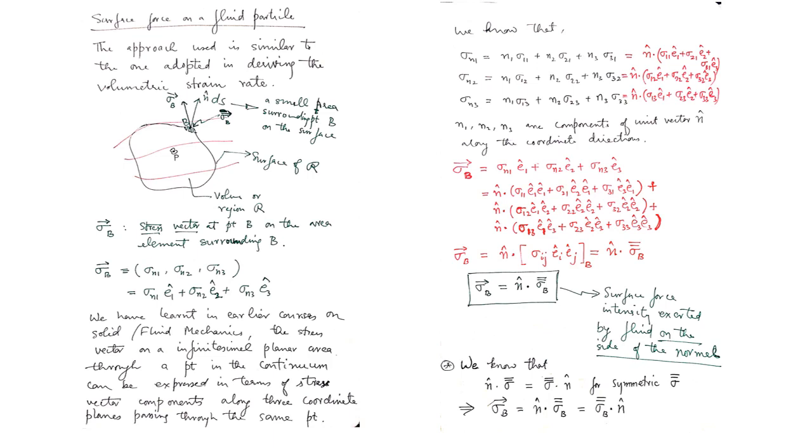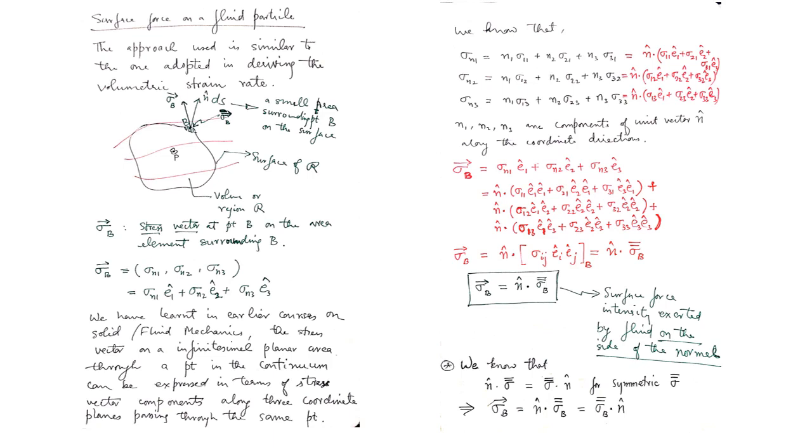So sigma b vector can now be assembled because the sigma n1, n2 and n3 expressions are with me. If I plug them back into this sigma b vector expression, I have a result looking like this. Since sigma n1 is now written with the unit vector e cap 1, if you use the expressions for sigma n1, n2 and n3, you get a result of this type.